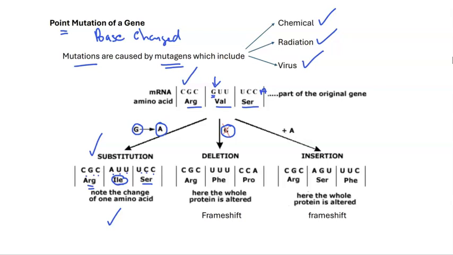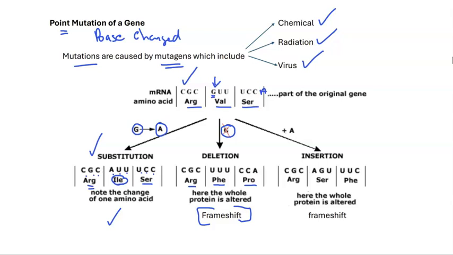And this is called frameshifting. So the way in which the messenger RNA codons are read by the ribosome has frameshifted, and this has created an entirely different sequence. So we've got arginine, then we have phenylalanine and proline here like this.